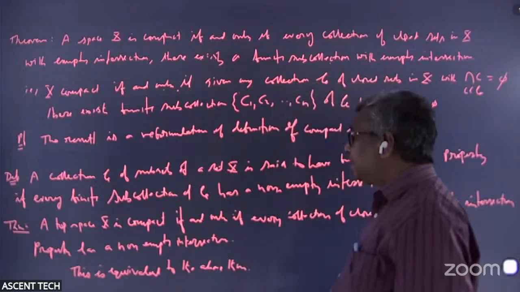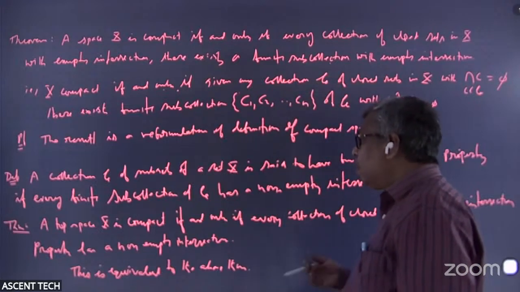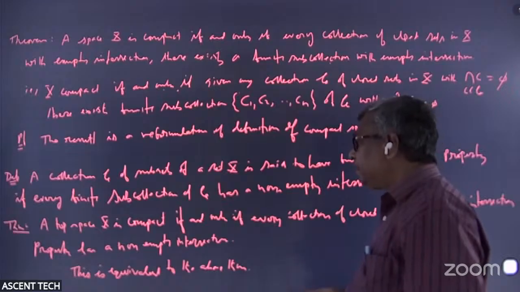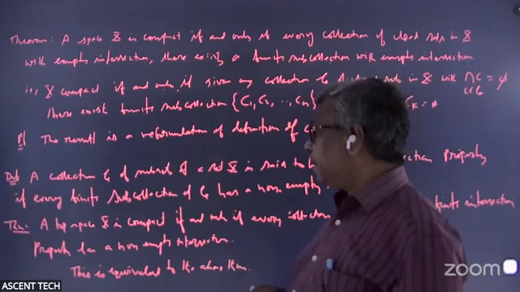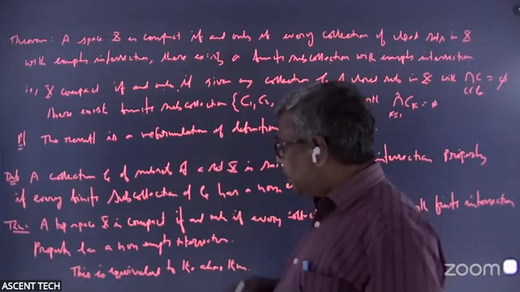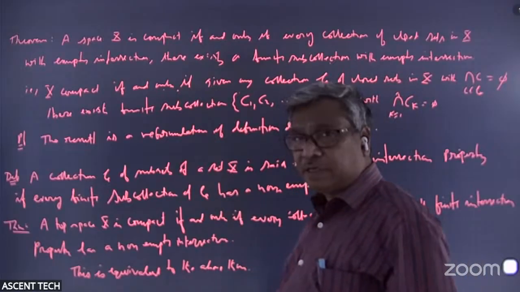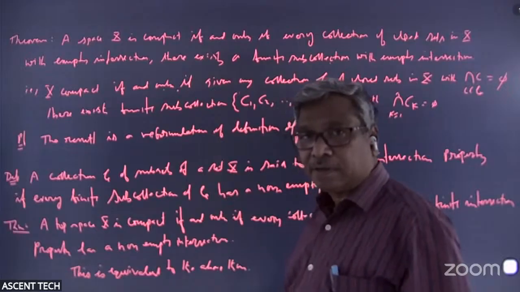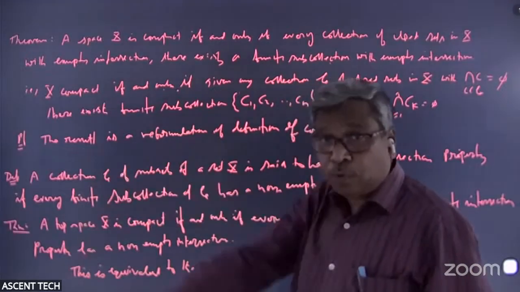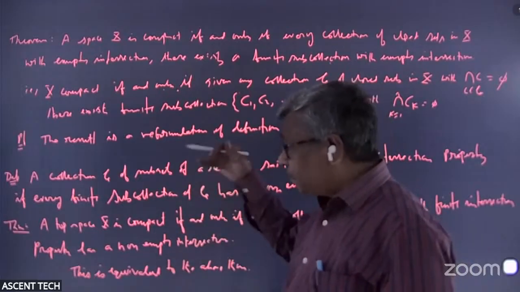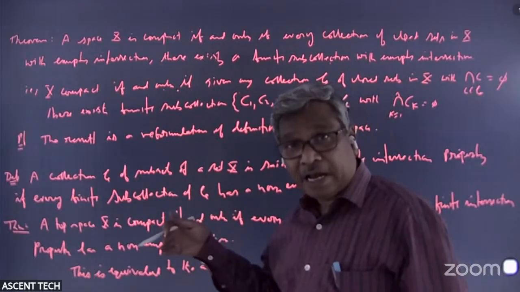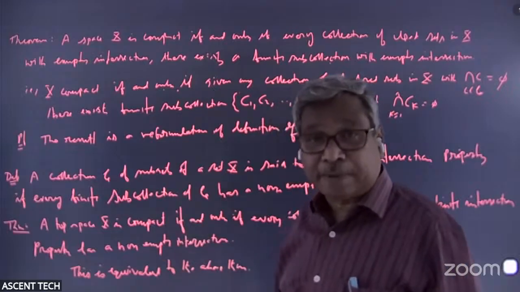Now, I can go back. I don't have to prove the space is compact by showing every open cover admits a finite subcover. I can do something better. We can prove it only for the basic open sets of X. You can even prove that some basic open cover of X has a finite subcover.